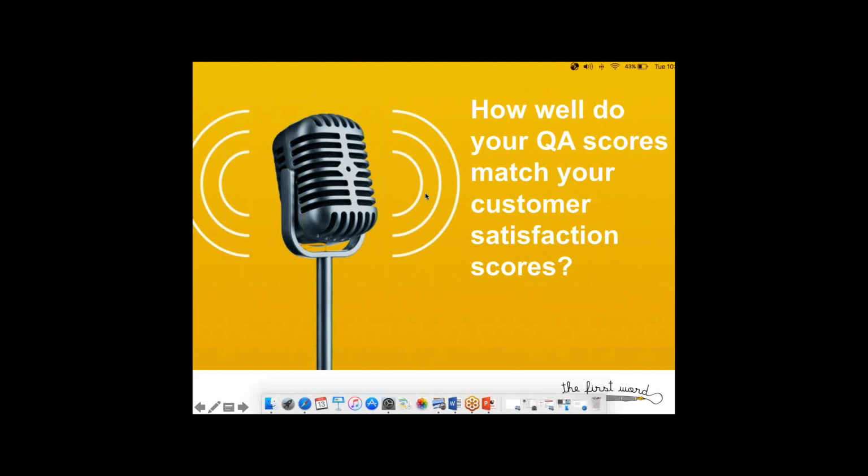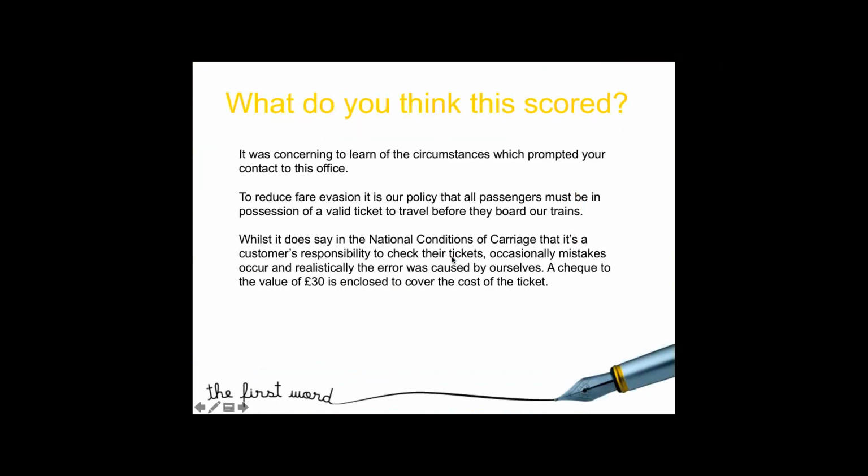So I'm going to take you through an example now. What I'd like you all to do is read through this email, which went from a rail company, which shall remain nameless, to a customer. I'm going to read it out loud for you so you can really hear the tone, and I want you to tell me what you think it scored.